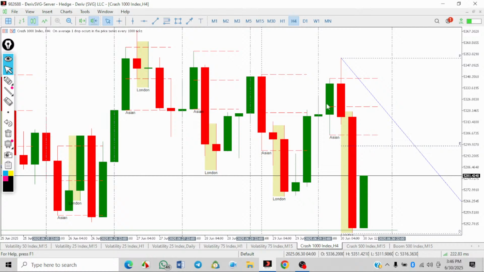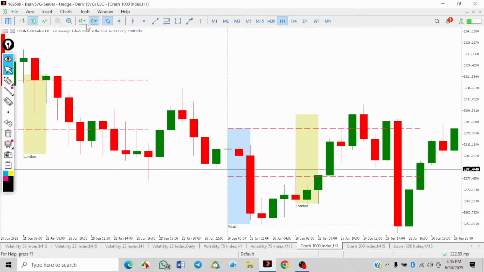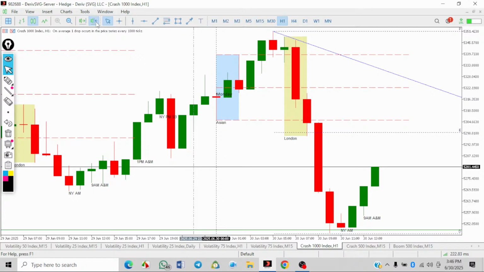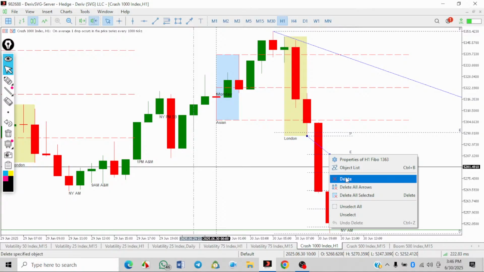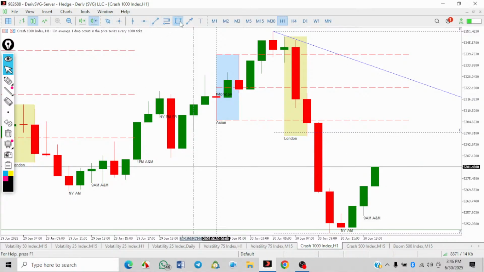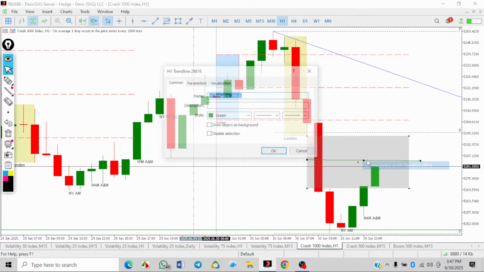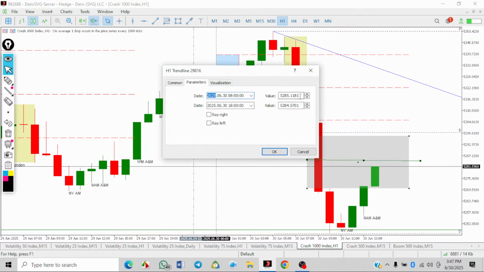So they might come and tap the Asian low. Already on the 1 hour time frame you can see the equilibrium. So you have this liquidity and this fair value gap. Another thing that can happen is that they might want to respect 50% of this fair value gap.